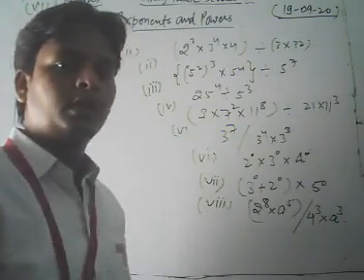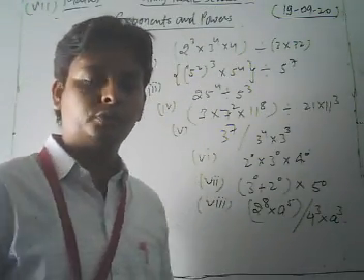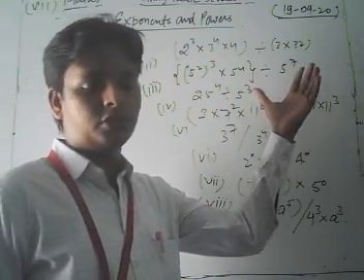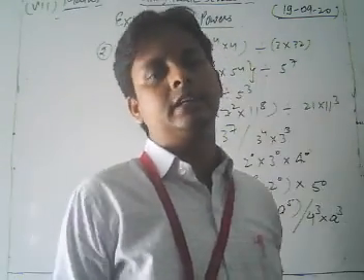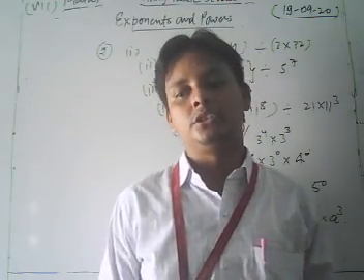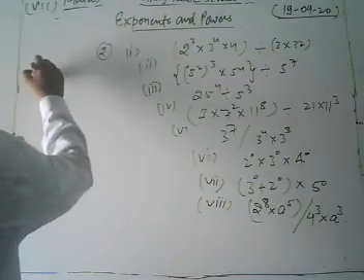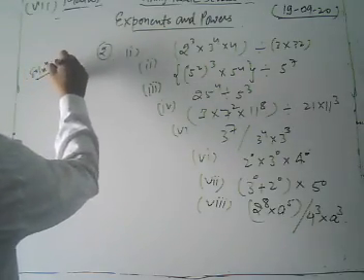Now look, first we write all the questions of your NCERT exercise. Here we simplify each of the following and represent in exponential form. Now we take the first part of this question. Let's see its solution.